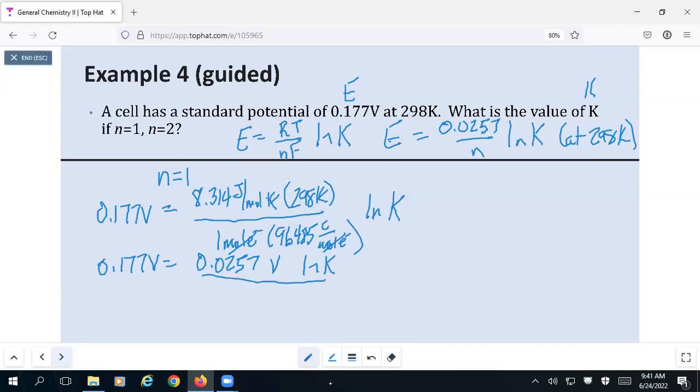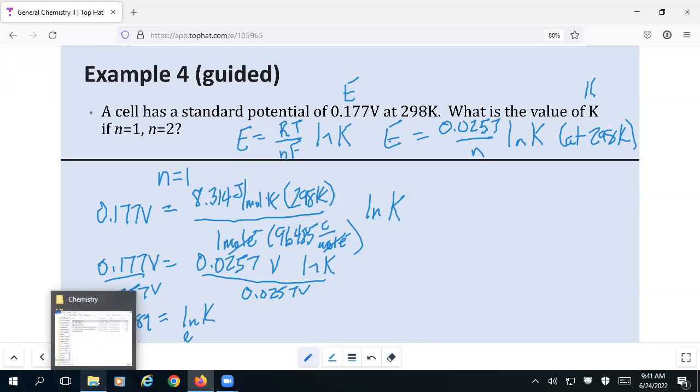If I divide each side by the 0.0257 volts, I get 6.89 is equal to the natural log of K. E to both sides of that gives me a value of K equal to, to three significant figures, 980.